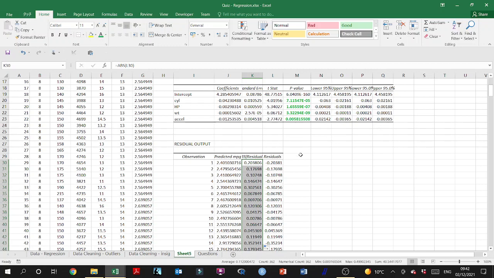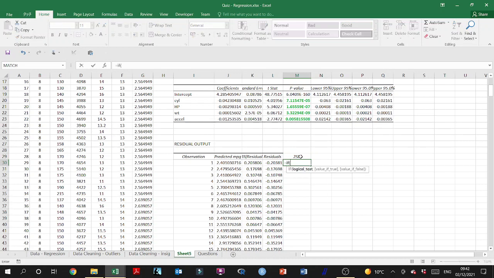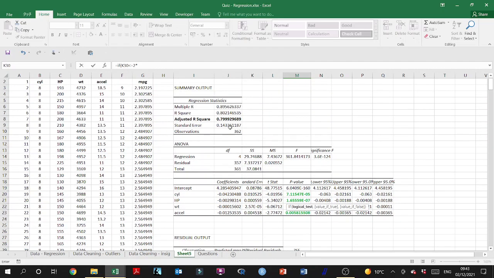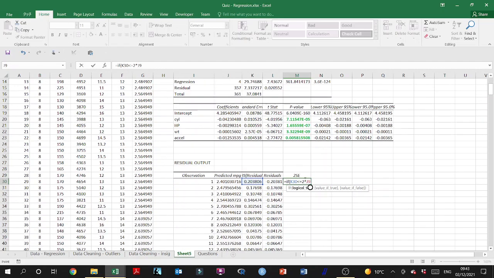We need to find out here the two standard errors. So here, equal if the absolute value is less than or equal to 2 times the standard error. And the standard error should be frozen here. Give me 1, else give me 0. And here we go.